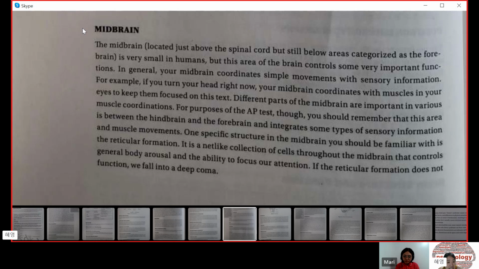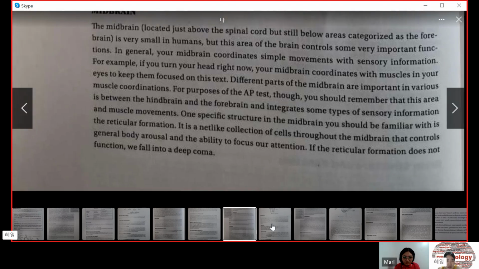It's a net-like collection of cells throughout the midbrain that controls general body arousal and the ability to focus our attention. If the reticular formation does not function, we fall into a deep coma.